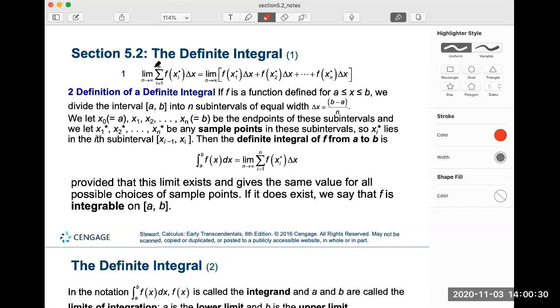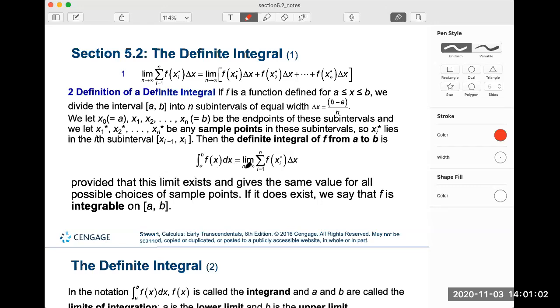Remember, an approximation of this limit is the area under the curve, right? Sigma notation, or we expand it this way. Then we defined a definite integral. We write it as this sign from a to b of the function f of x dx.